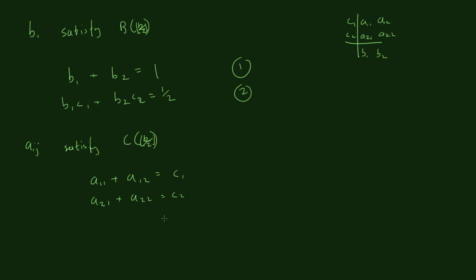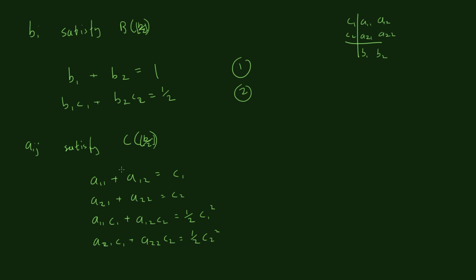Right, and we also have when L is 2, so we have A11 C1 to the power L minus 1, so that's C1 plus A12 times C2 to the power L minus 2, and that equals 1 over L, so remember L is 2 here, times C1 squared, and similar for the next row. So 1 over 2 times C2 squared.